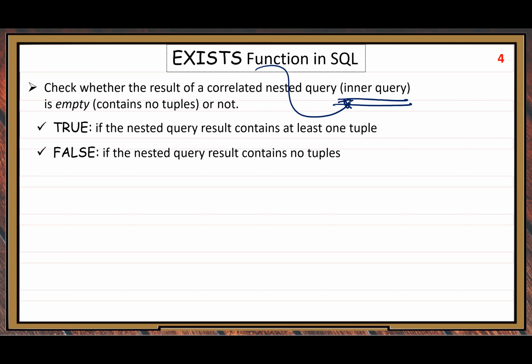So true or false, then you can determine whether you select or not. This function is mainly used to check some condition, to implement some condition.